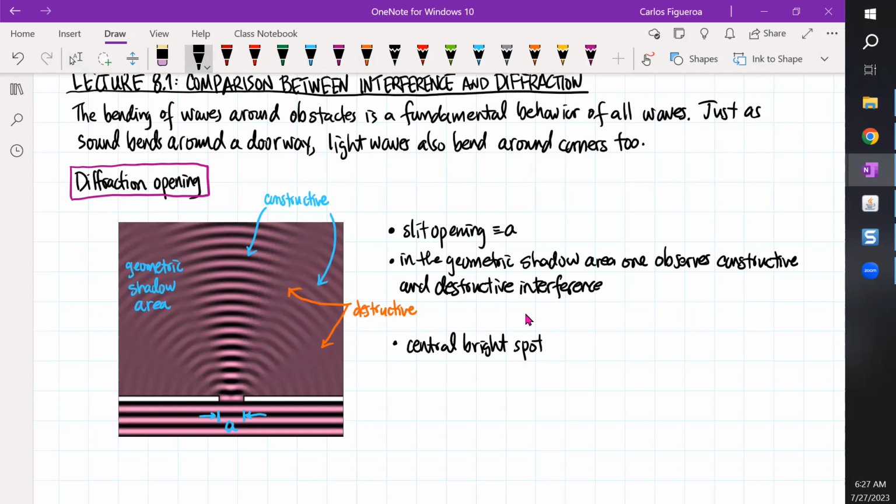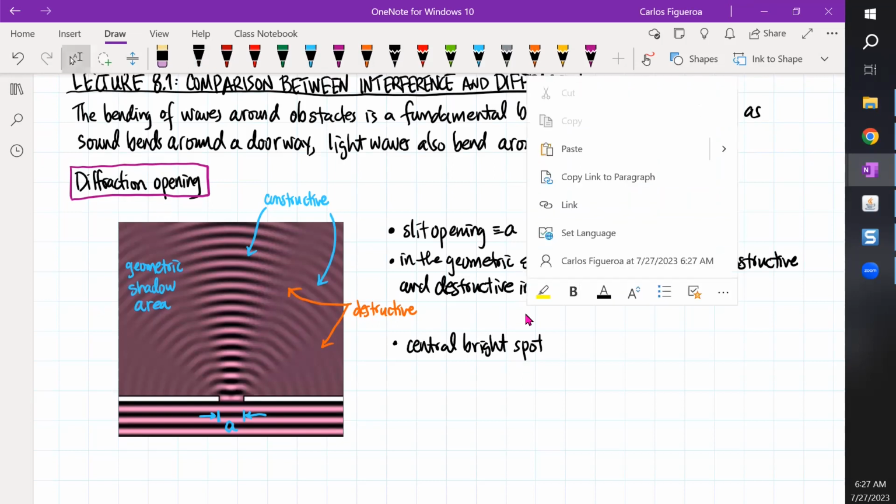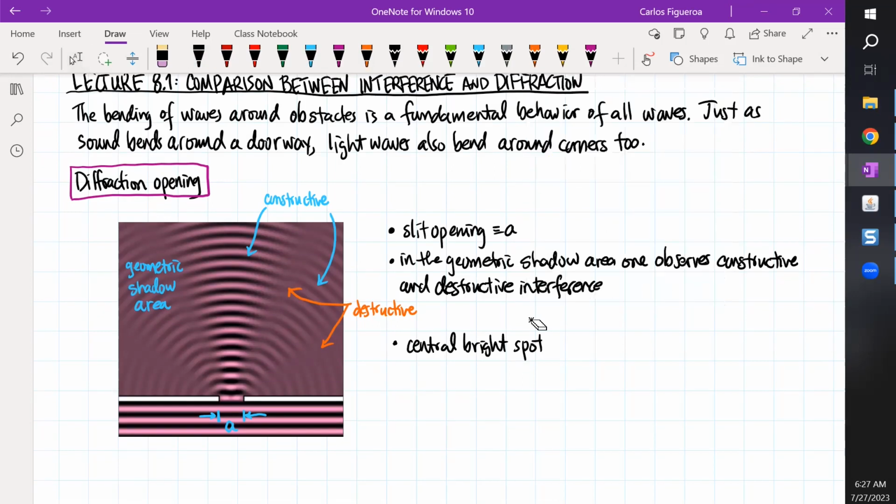So if I was to show you what I mean by this, if I draw a line like this, I should have done this beforehand. You could see that everything to the left and right of those two lines is a geometric shadow.